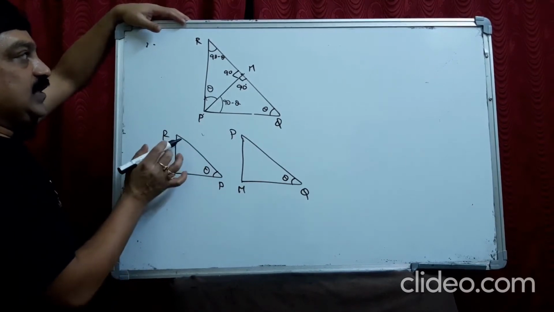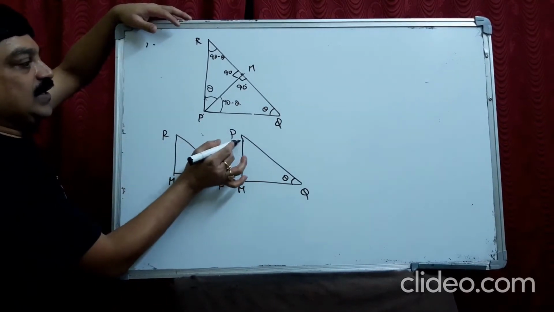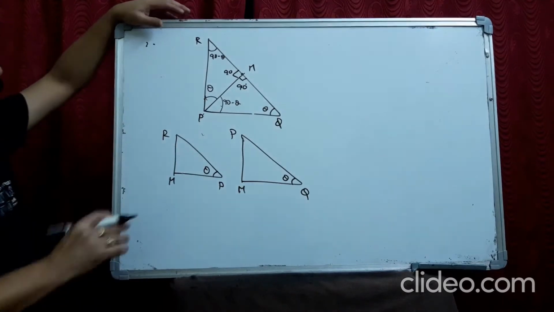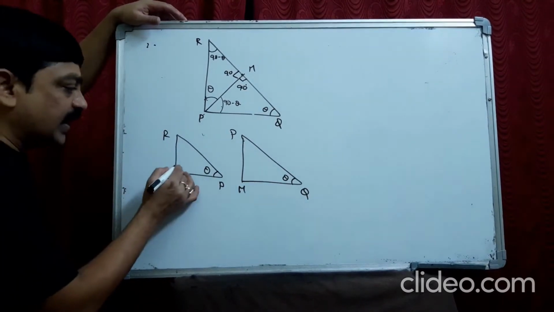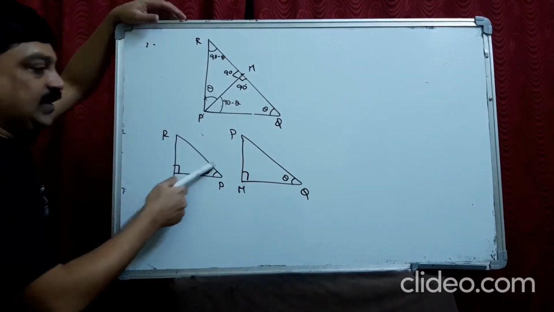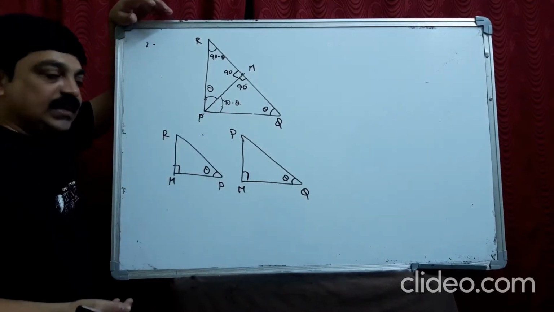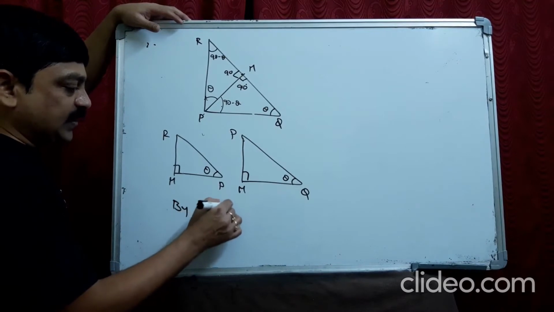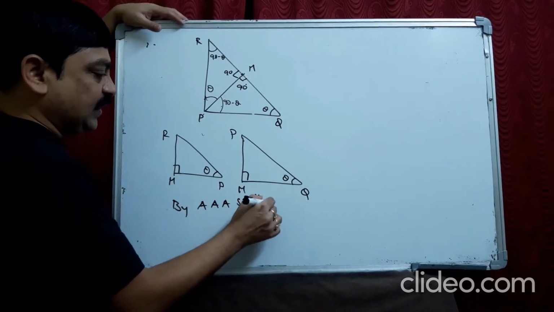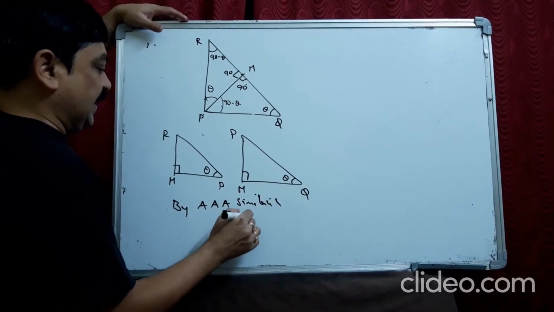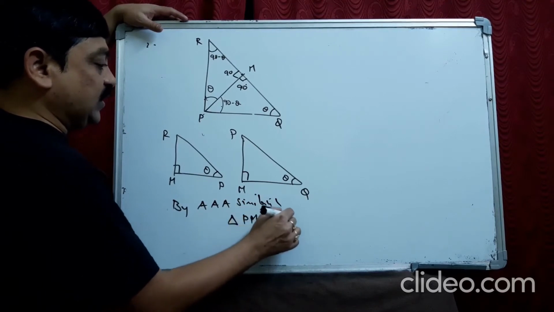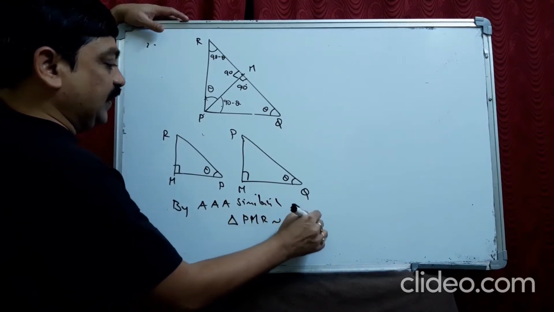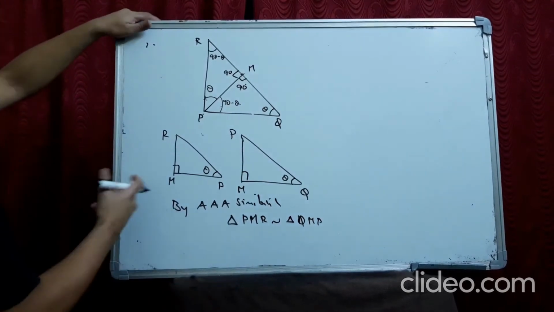This is 90 minus theta, you can check here, and this will be 90 minus theta when you take both the triangles. Now these two triangles are similar because 90, 90, theta, theta. Obviously the third angle will be similar. Therefore, by triple similarity, triangle PMR is similar to triangle QMP or PMQ, anything.